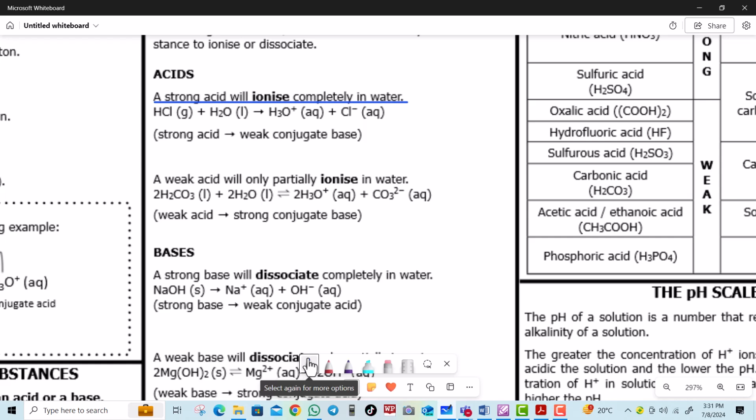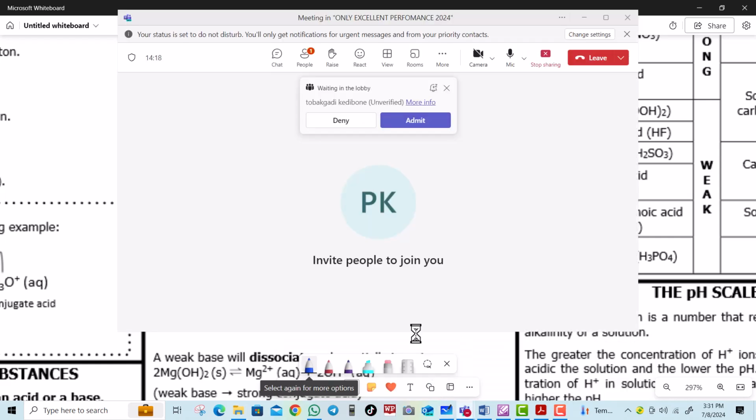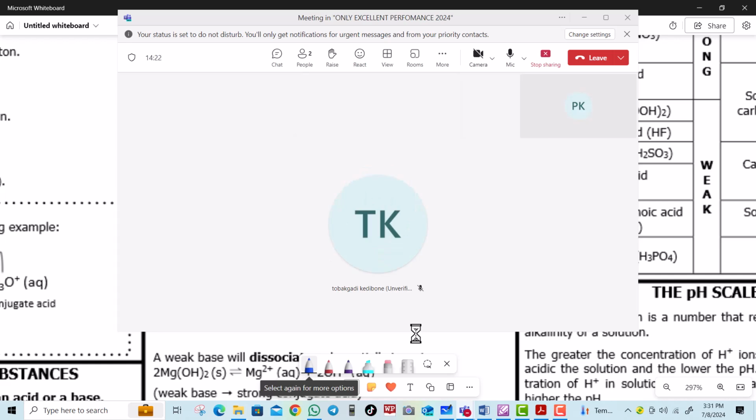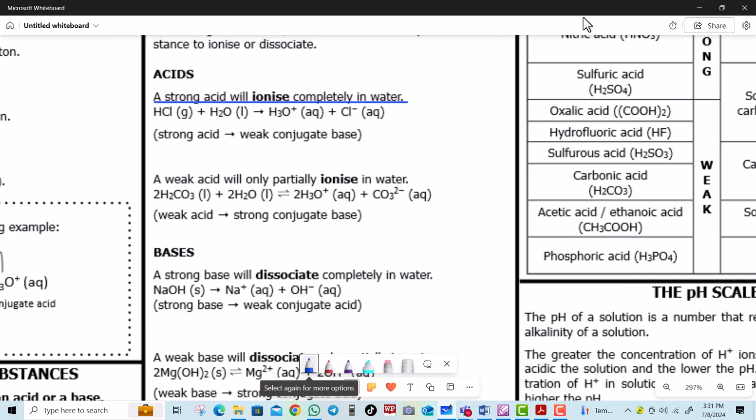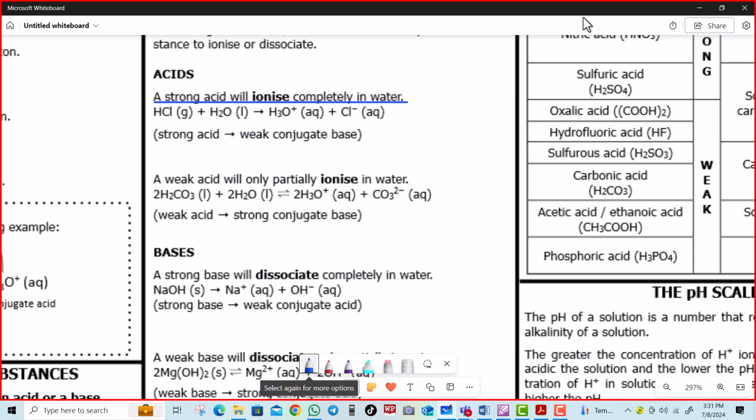Are we together? So the strong acid, like the strong acid, hello, what is to ionize? It means to form ions, all together. And if we're talking about ionize, look here.